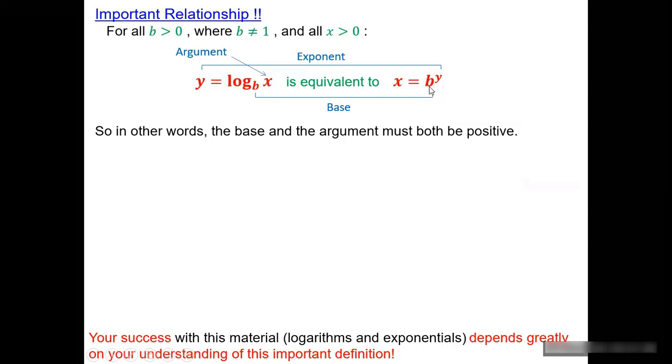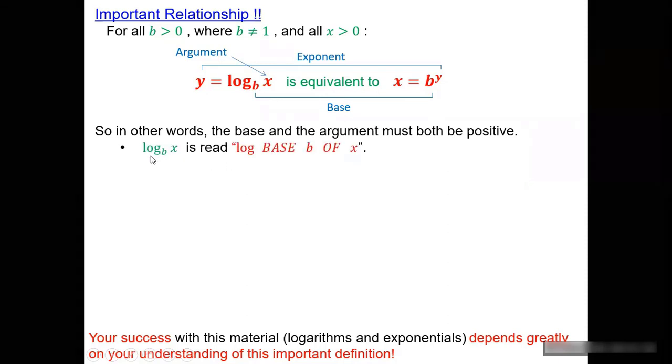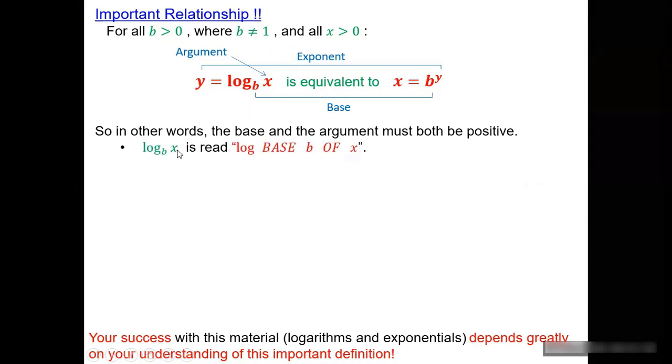If I raise any number to a power, whether that power is negative or 0 or positive, the answer that I get is always positive. So when I change the form, that x value is now on the inside of the logarithm, and therefore that x value, in addition to the base, always must be positive. So the way we read this is log base b of x.